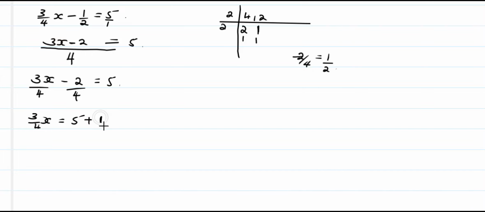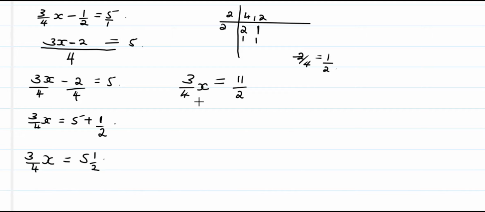So now we have 3 over 4 x is equal to 5 plus half. 5 plus half will be 5 and a half. Once I change this to an improper fraction, it will be 3 over 4 x is equal to 2 multiplied by 5, which is 10, plus 1, which is 11, all over 2.